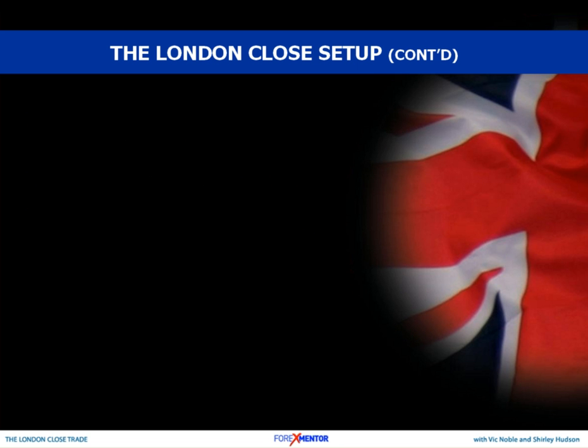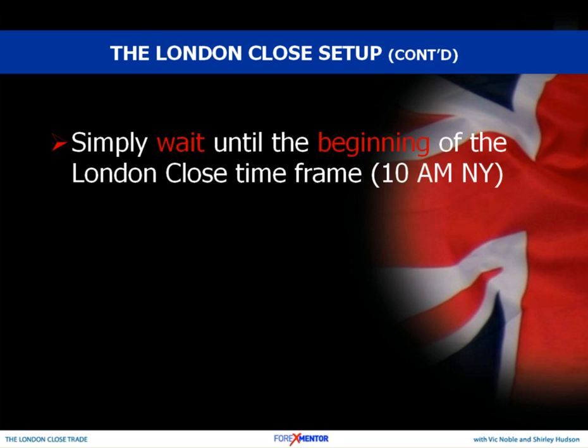Okay, so staying with our example, once we know what the 5-day average daily range is coming into Wednesday, we just simply wait until the beginning of the close of the London session to see if price is rising on the day into the close of London, or if it's dropping into the close of London.